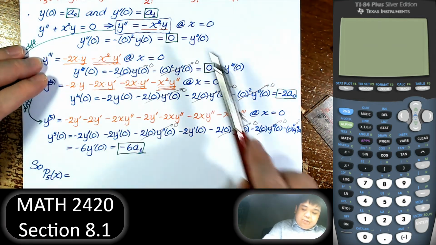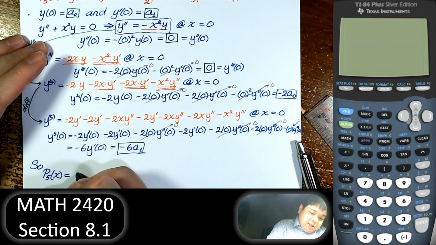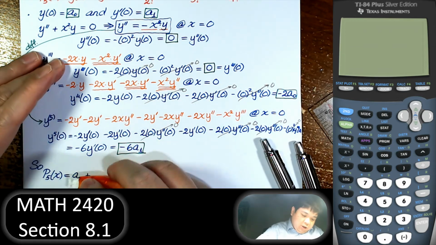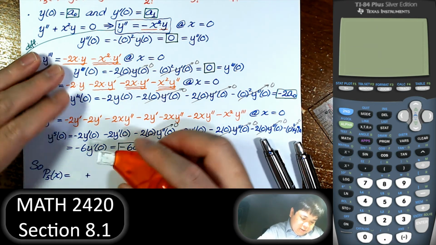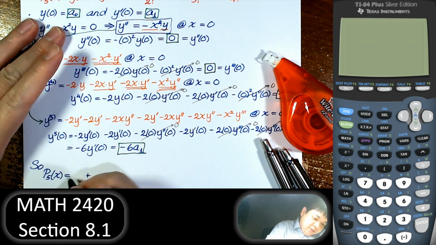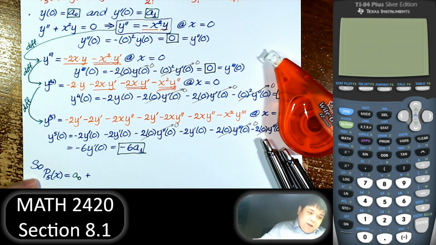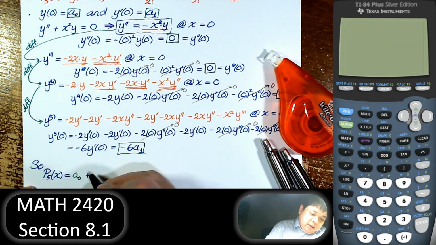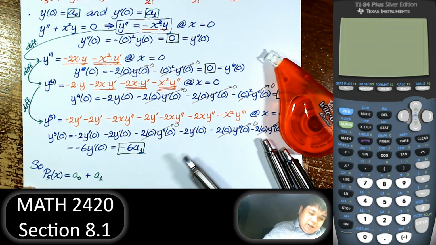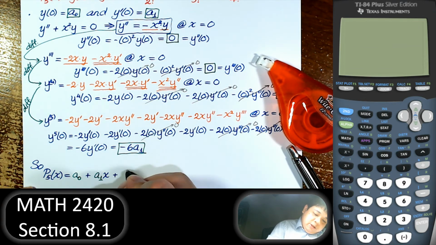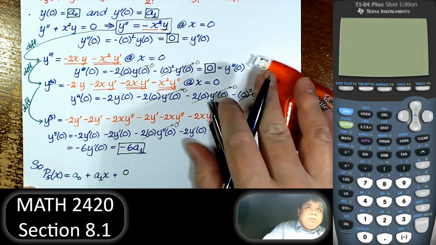The function: a naught plus, so let's write that in, derivative a1 x, plus second derivative, that is 0.